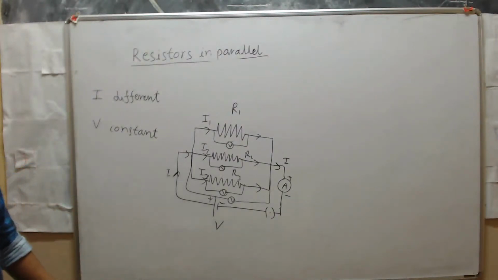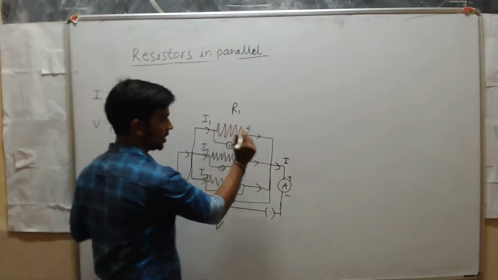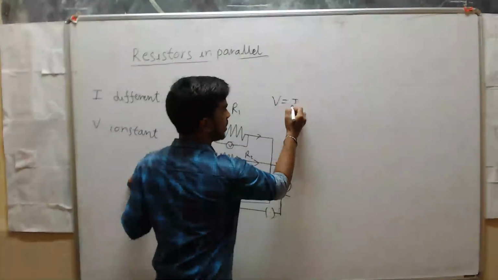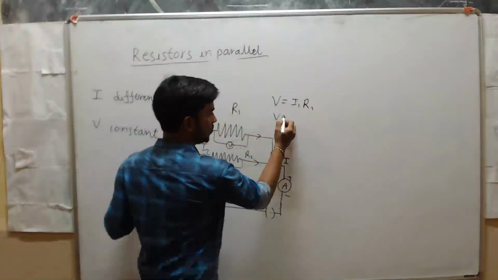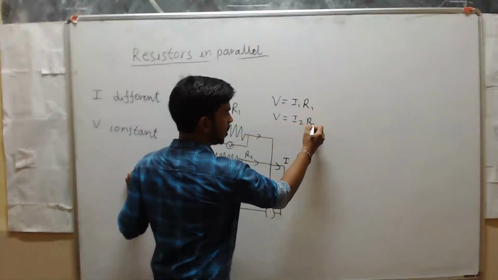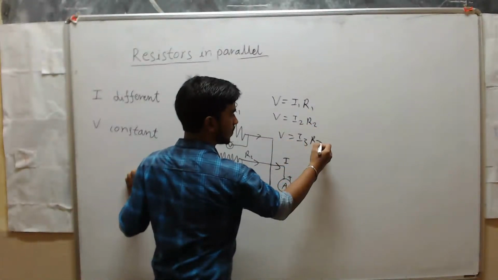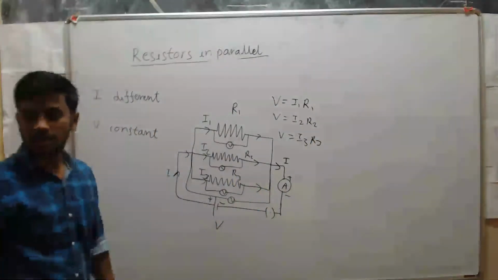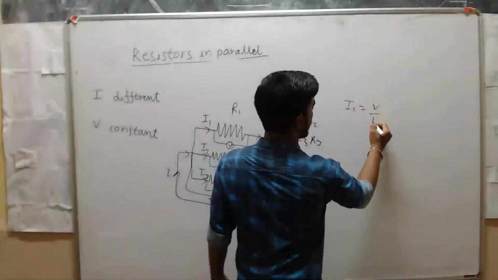Suppose you want to calculate the current across this resistor, here we use V equals I1 into R1. Across this resistor we use V equals I2 into R2, V equals I3 into R3. So clear? If you want to calculate I1, just write I1 equals V divided by R1.